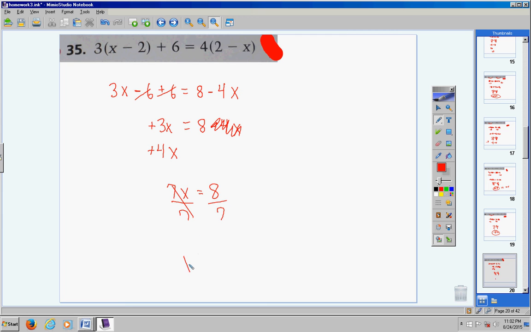And I'm left with 8/7 is one answer. Or you can put 1 and 1/7. That would be totally acceptable. Or you could put 1.142857149, so 1.14 rounded. Any of those answers would be acceptable.